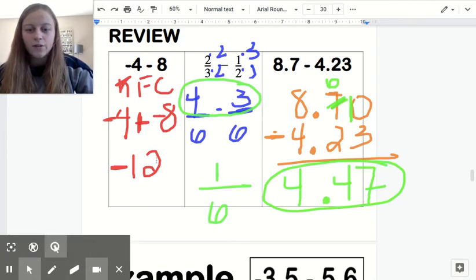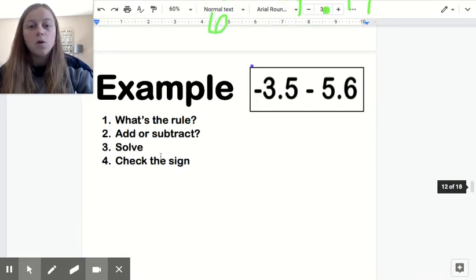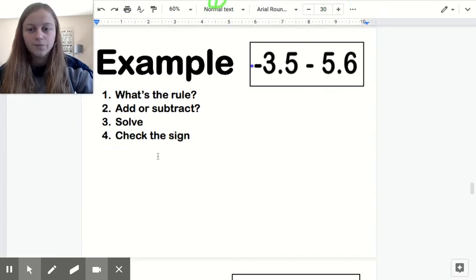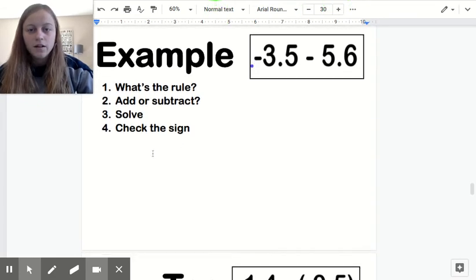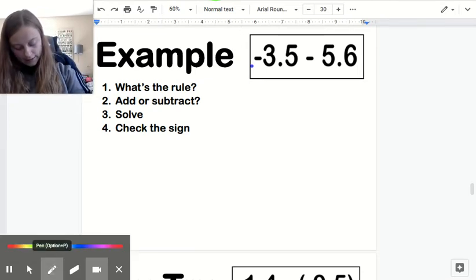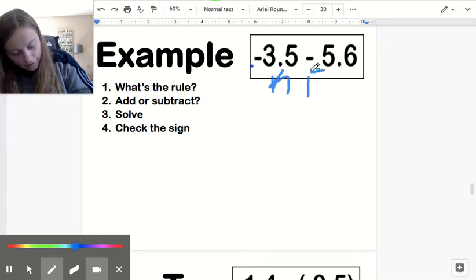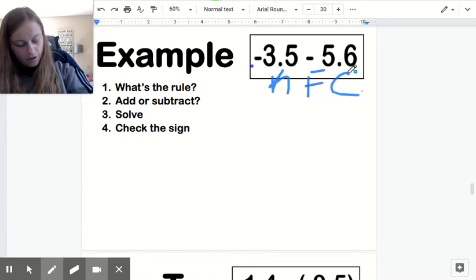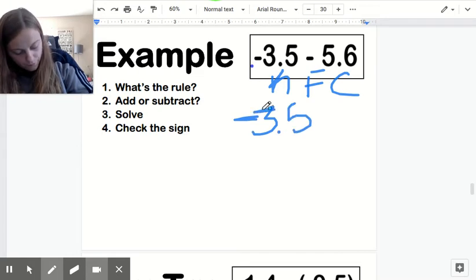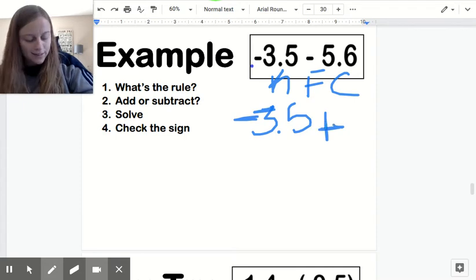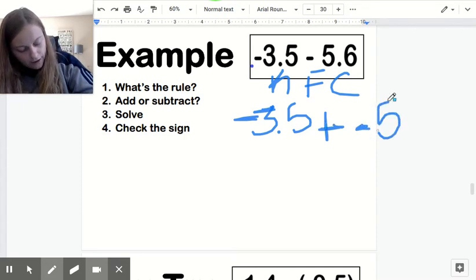So let's go ahead and look at a decimal problem with integers. First, we need to figure out what's the rule. Well, I'm subtracting, so my rule is I need to KFC my problem. So really I have negative 3.5 plus, change that positive to a negative, negative 5.6.